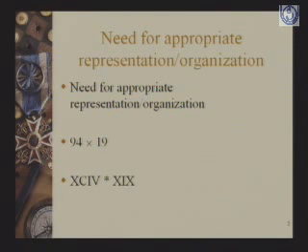As is shown on the slide, appropriate representation is very important, otherwise there may be more problems than we initially have. Let us take an example. In order to explain the role of appropriate representation, friends, the problem under consideration is to multiply 94 by 19.